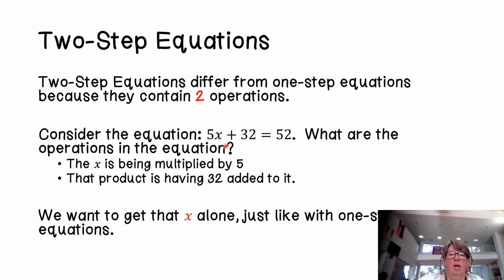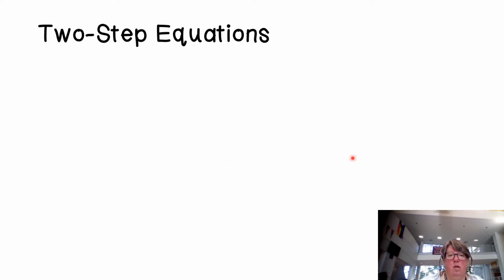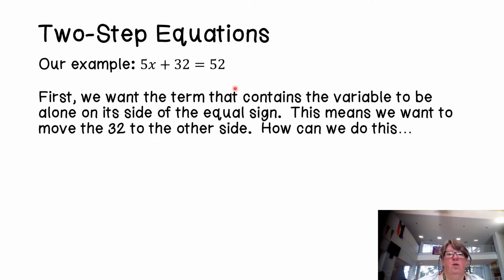So if we want to get x alone, just like we did with one-step equations, that means we're going to have to undo two different operations. So here's our example, 5x + 32 = 52. The first thing we want is the term that has the variable, this 5x, to be alone on its side of the equal sign.